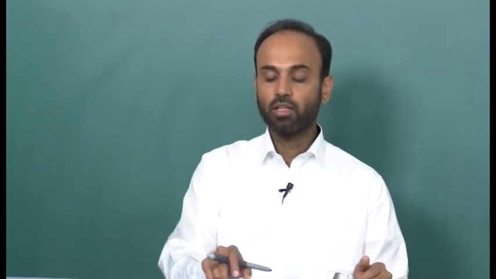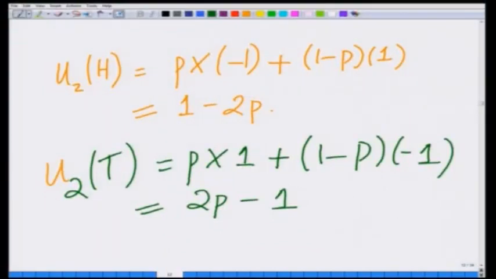Now, if we think about it, when is player 2 going to randomly choose between heads and tails, because we are assuming that both the players are using randomized or mixed strategies? For instance, his payoff from heads is 1 minus 2p, his payoff from tails is 2p minus 1.